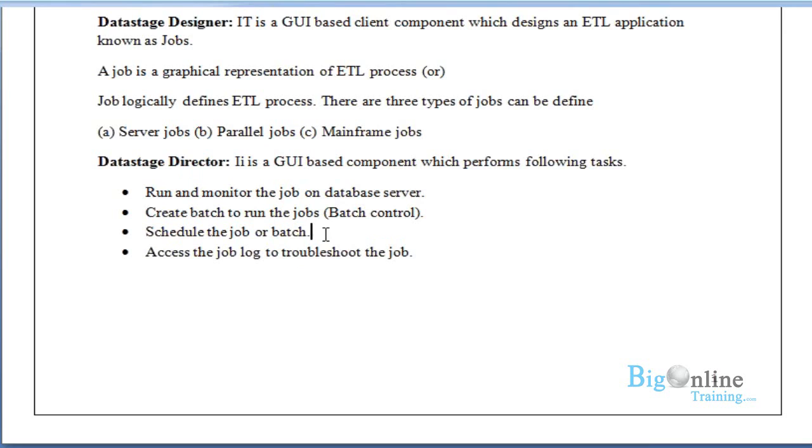Suppose today I designed 2 jobs. I want to run these 2 jobs at 3 a.m. In that situation we should not wake up at that time, so we have to schedule the jobs. Without doing it manually, we can automate the scheduling of the jobs.